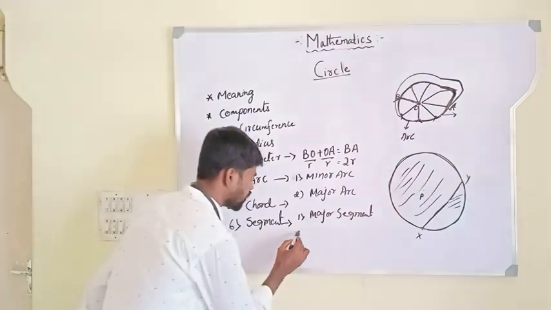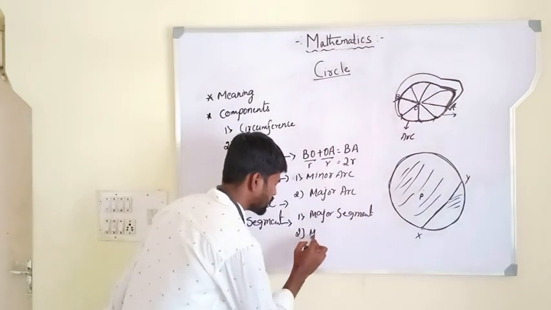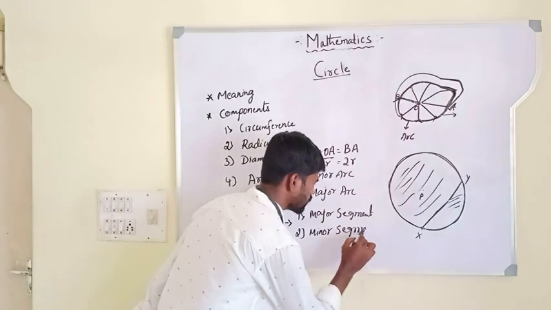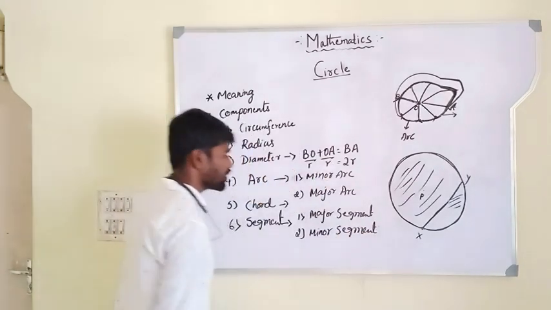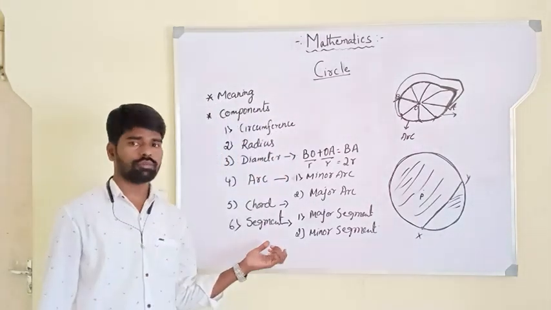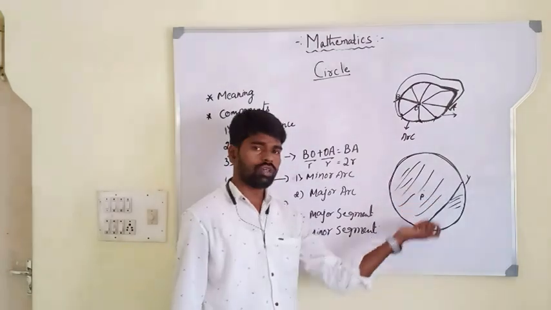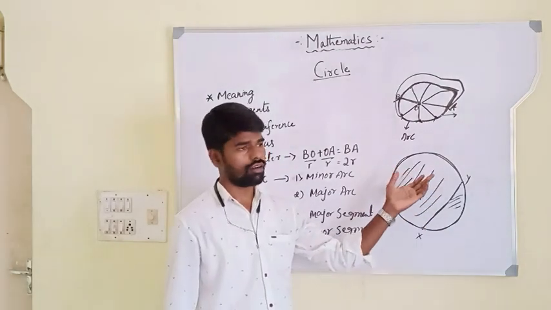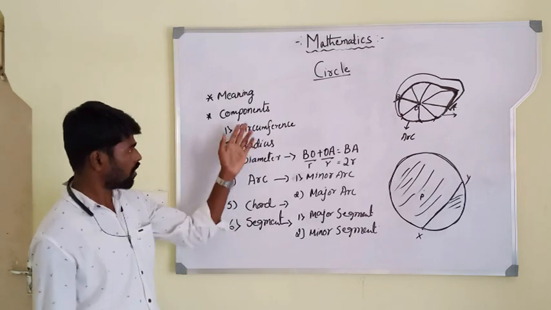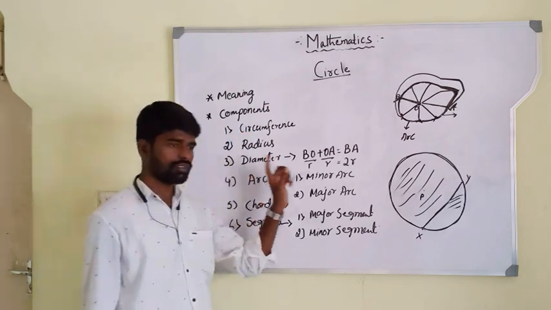So that's why it is called the minor segment. So what is meant by major segment and minor segment, or simply a segment? A segment is nothing but the region bounded by a chord and an arc of the circle. Understood?